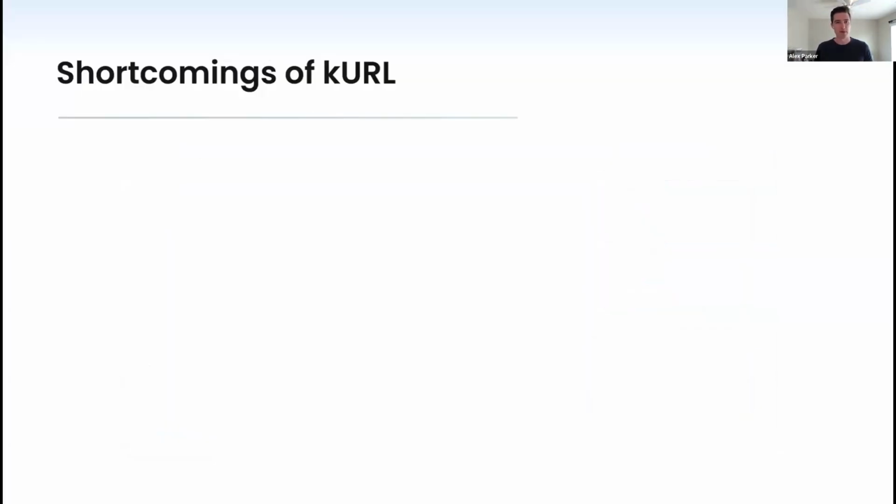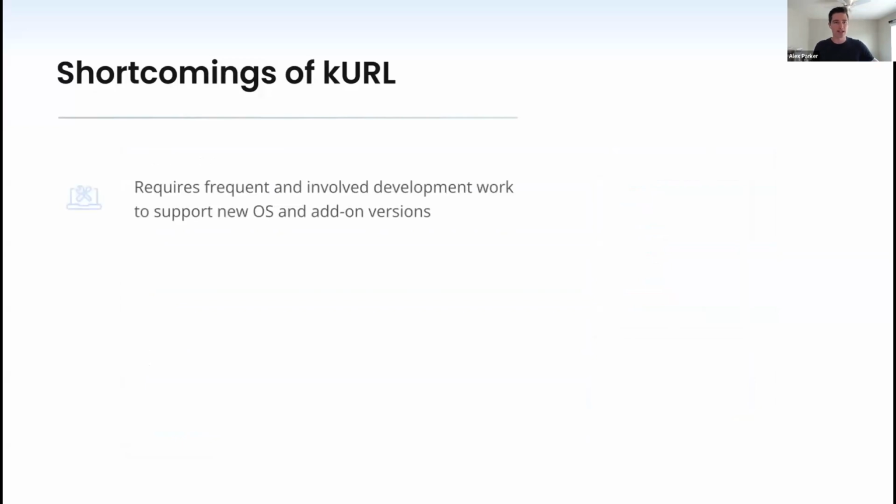Some of the shortcomings that we've seen with kURL in practice have been, for one, it requires frequent and involved development work from us at Replicated to support new operating systems and new add-on versions. To keep up support for the latest RHEL and the latest Amazon Linux and things like that, and all the latest add-on versions, Kubernetes and Velero and the different options that are there, requires a lot of development work.